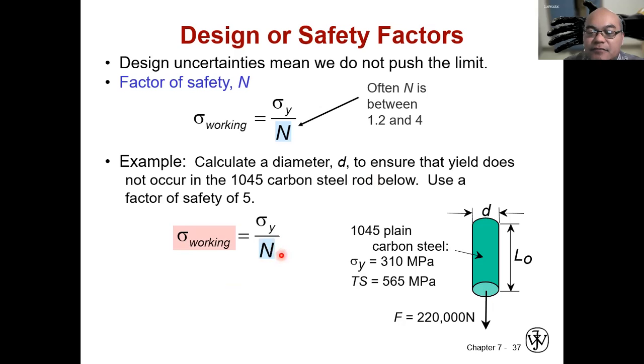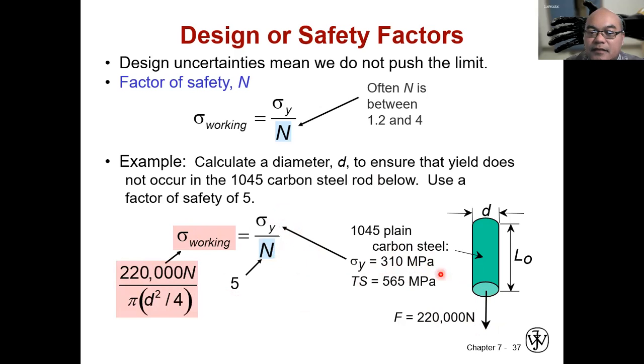If the factor of safety is 5, the yield strength is 310 megapascal, then the sigma working is 310 divided by 5. And this will be the limit.